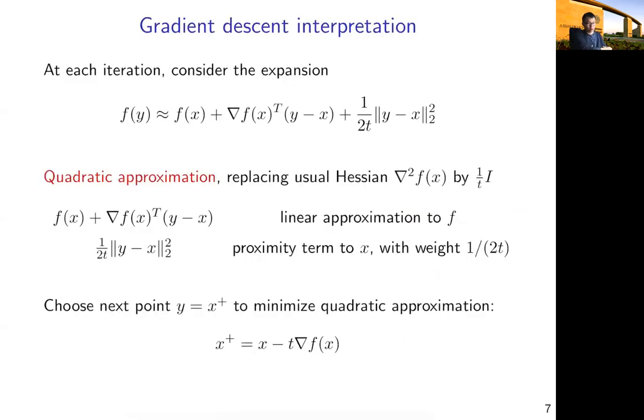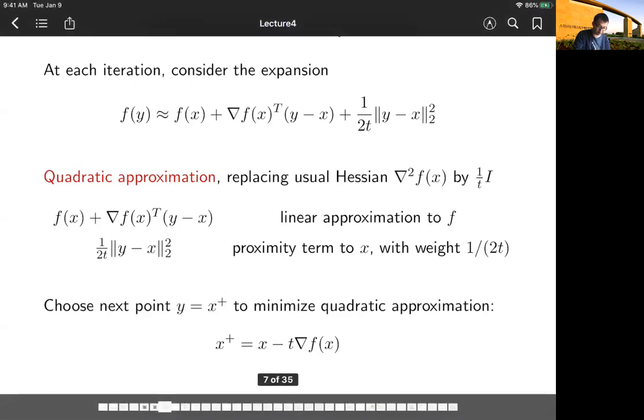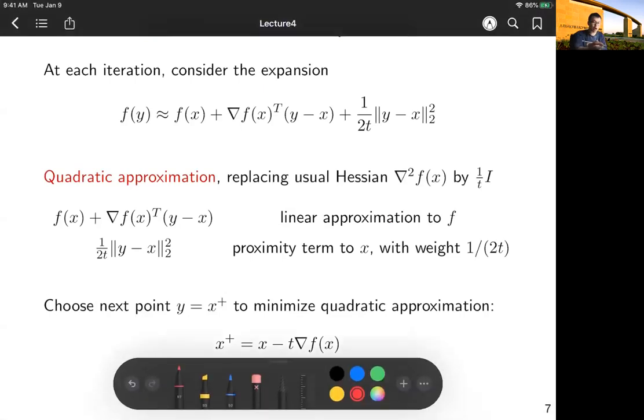One way to interpret the algorithm of gradient descent is to think about it as doing a local quadratic approximation of the function, and then trying to solve the local quadratic approximation optimally by finding the argmin. Here's how it works.